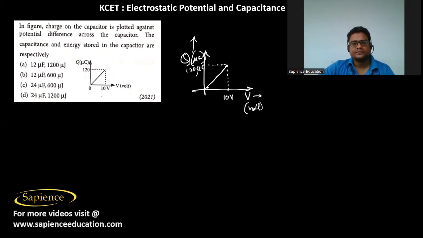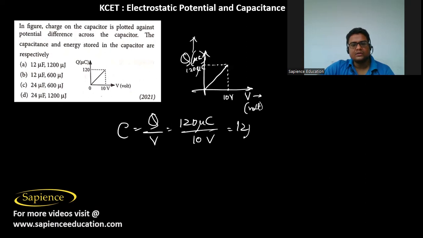Here the capacitance is obviously constant, since the slope is constant. So the capacitance will be equal to q by v, which is equal to the slope of this graph. That will be 120 microcoulomb divided by 10 volts. So it will be 12 microfarad.